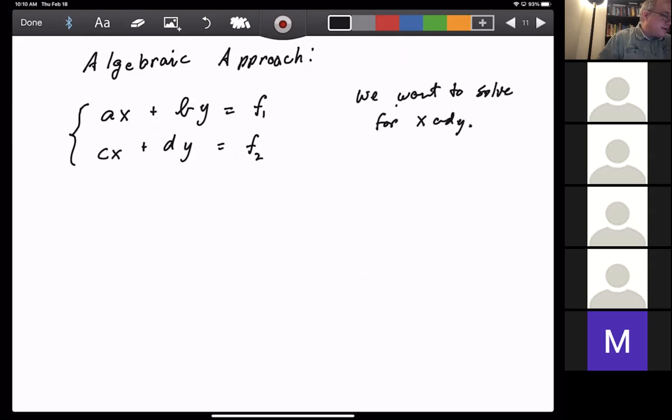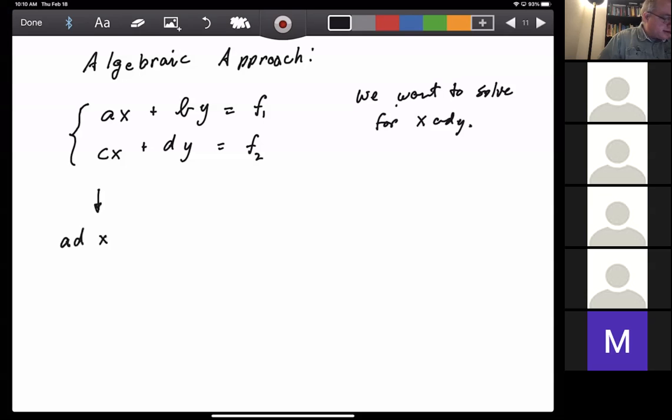All right, so let's try to do this in a way where it's not too hard to see what's happening. So let's multiply the first equation through by D, actually.